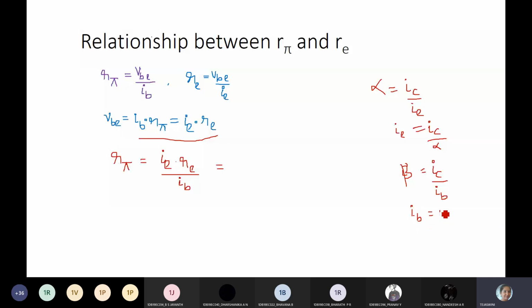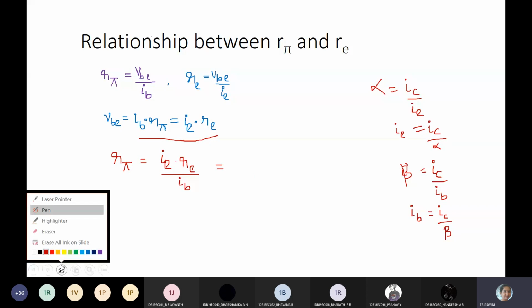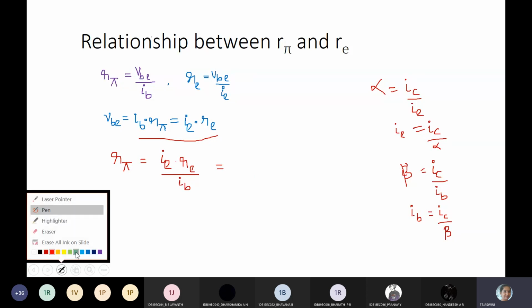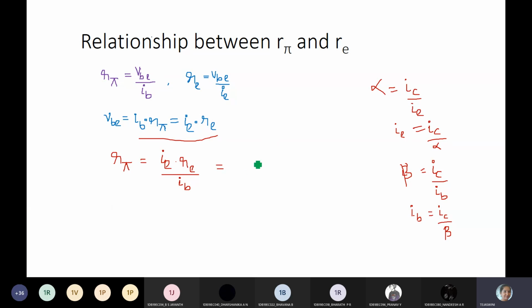IB is IC by beta. Okay, let me substitute IE and IB. IE is IC by alpha, whole divided by IC by beta, into RE as it is.